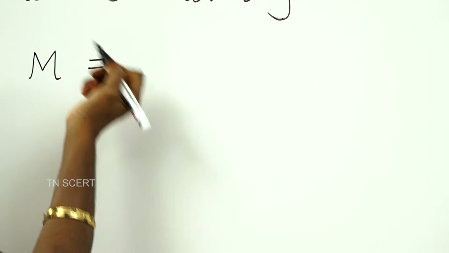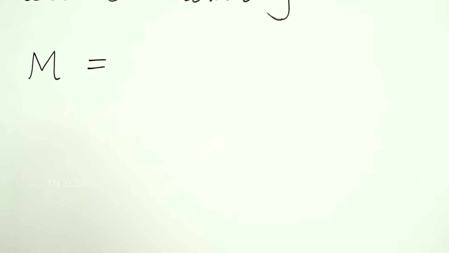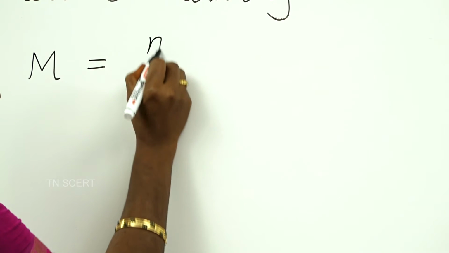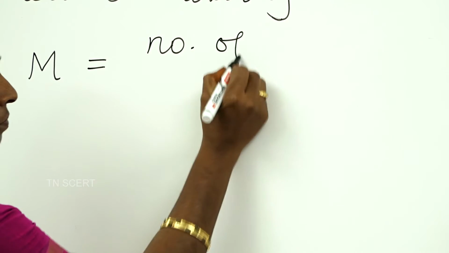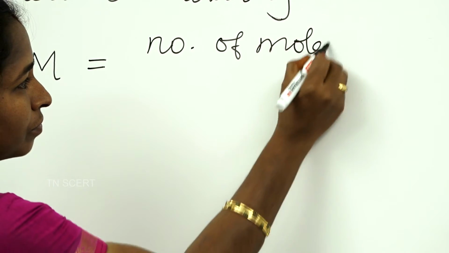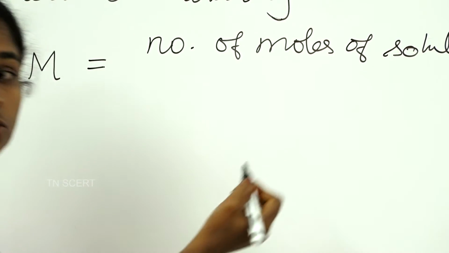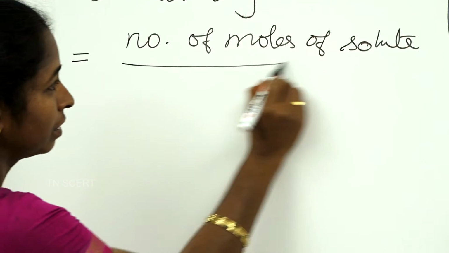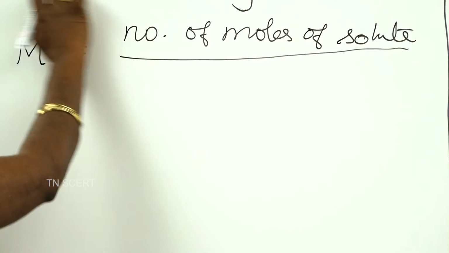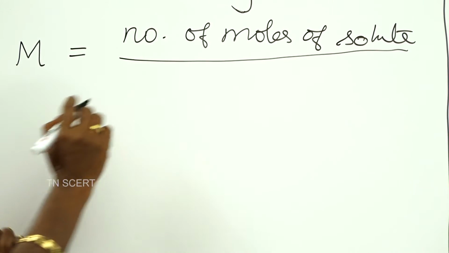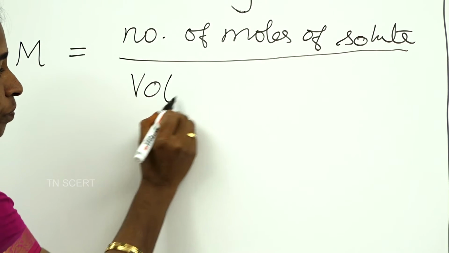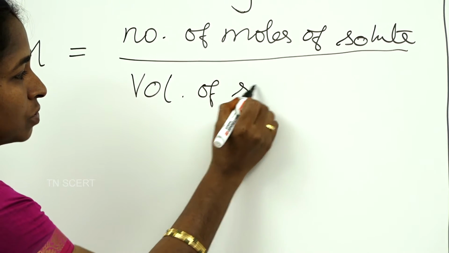The formula to calculate molarity is number of moles of solute divided by volume of the solution in liter.